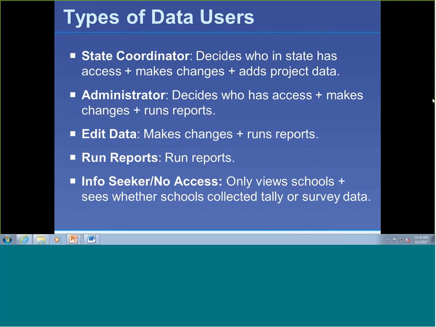But the last one is basically anybody can go on saferoutesdata.org right now, set up an account, and just start looking around, basically seeing to the level of what school, did a school collect data, and when did they collect the data? And that's it. They can't make any changes. They can't view anything else, just seeing whether or not they collected it. Next slide, please.